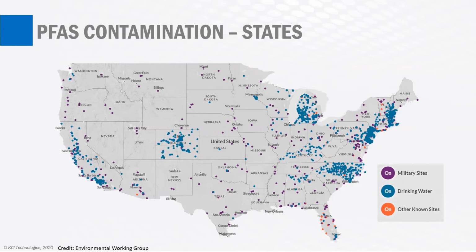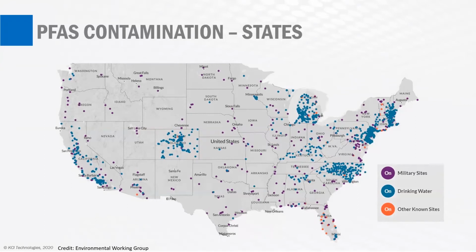So what you need to see here is there's a handful of states, primarily on the East Coast and the Northeast, North Carolina, Michigan are a couple of big ones. And most of those states are ones that have major manufacturing facilities producing PFAS or the PFAS chemicals. They're also the ones that have a lot of military bases.